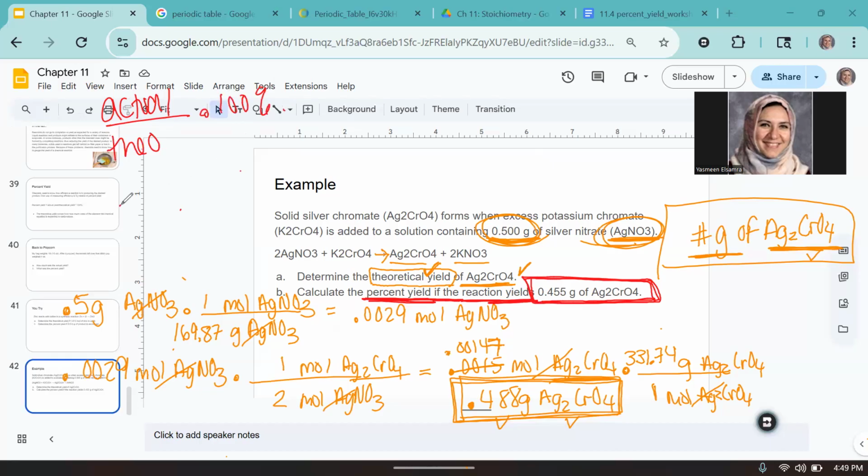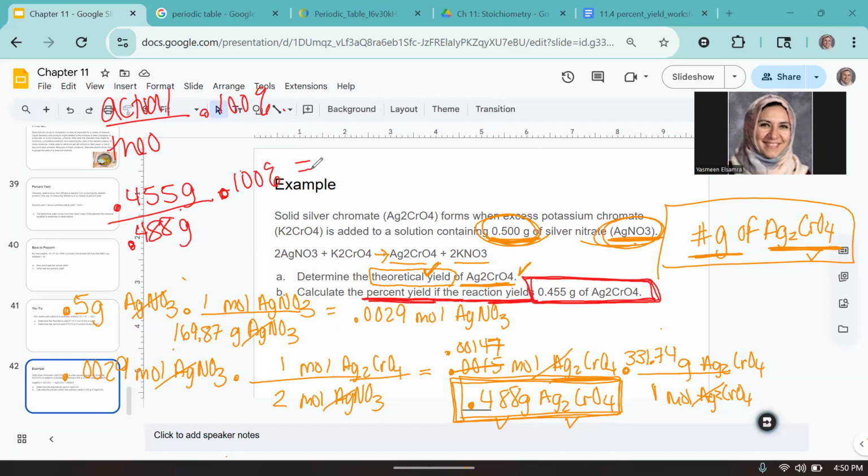So if actually we have 0.455, but theoretically using the chemical equation, we got this, times 100%. What is the percent yield?